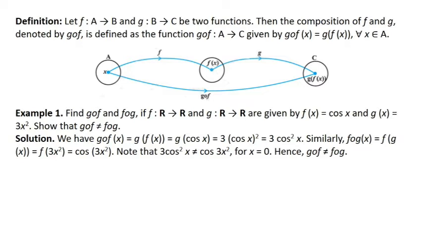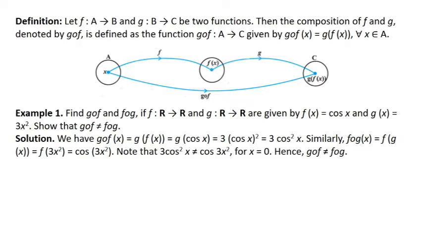Let us take an example. Find gof and fog if f maps R to R and g maps R to R are given by f of x is equal to cos x and g of x is equal to 3x square. Show that gof is not equal to fog. Here we have gof of x is equal to g of f of x, which is equal to g of cos x, which is equal to 3 cos square x.